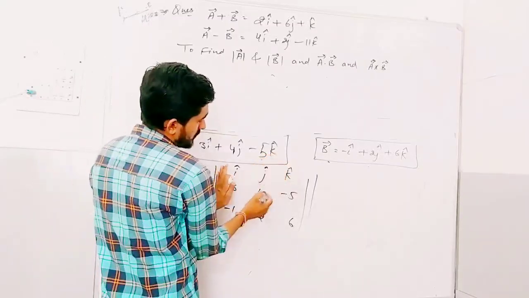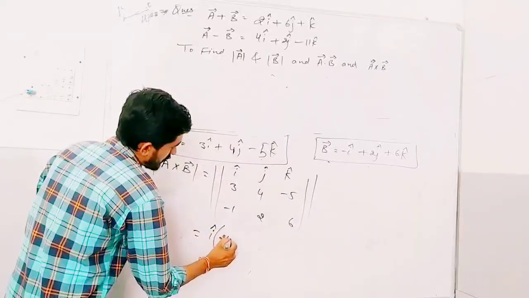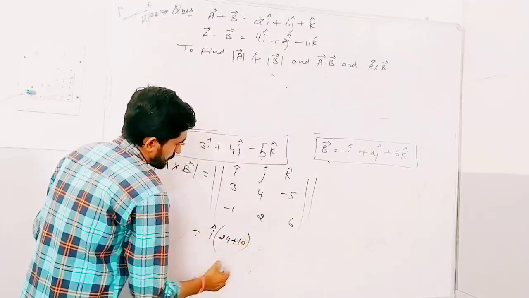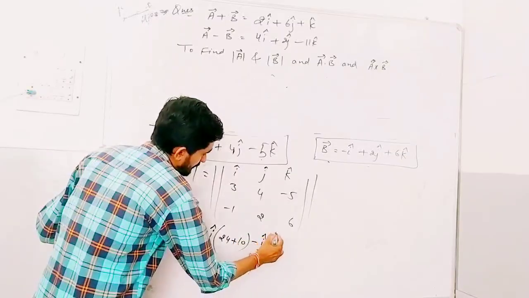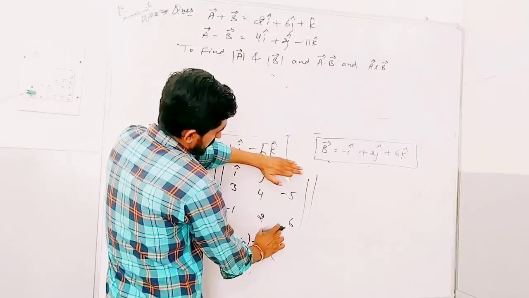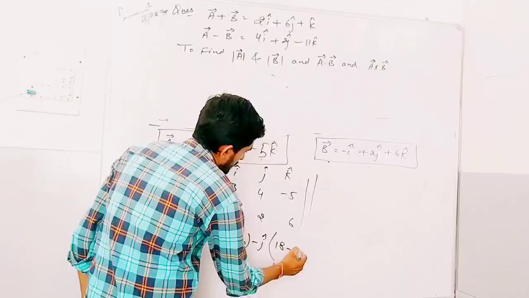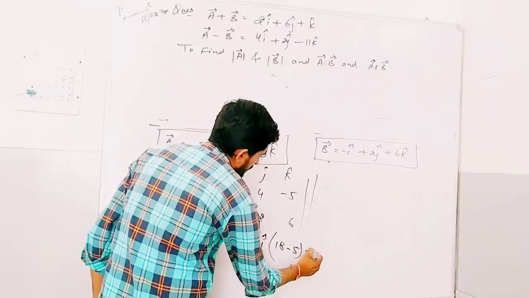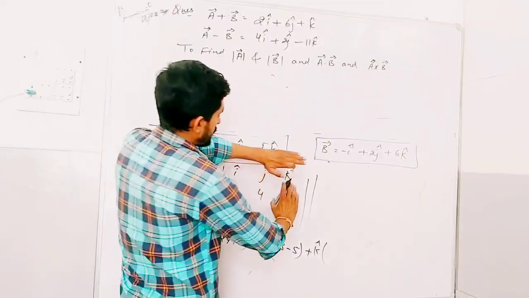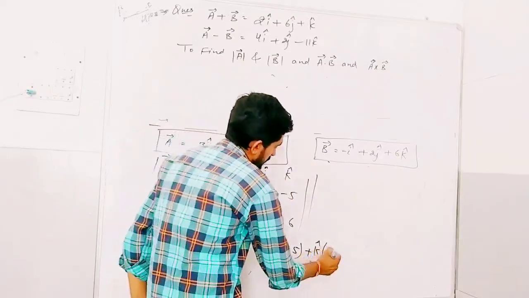Close i cap: 24 minus of minus 10, 24 plus 10, minus j cap, close j cap: 18 minus 5, plus k cap, close k cap: 6 minus of minus 4, 6 plus 4.